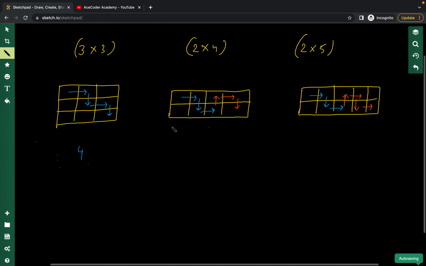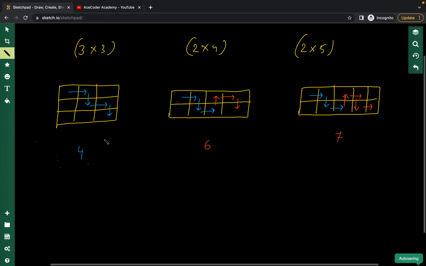This is how we will be reaching the bottom right index. So the total number of moves in this case is 1, 2, 3, and 3, so 6 moves here, and if we count here, 4 and 3, total 7 moves.